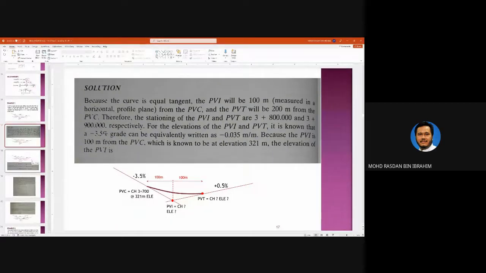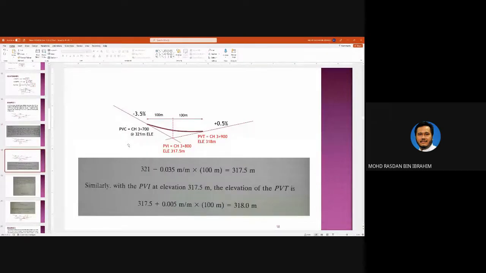So the calculation will be 321. So we're starting here. Minus, because we are going down, 0.035 times the distance here. So you get 317.5 at this point. So you get the elevation of PVI.